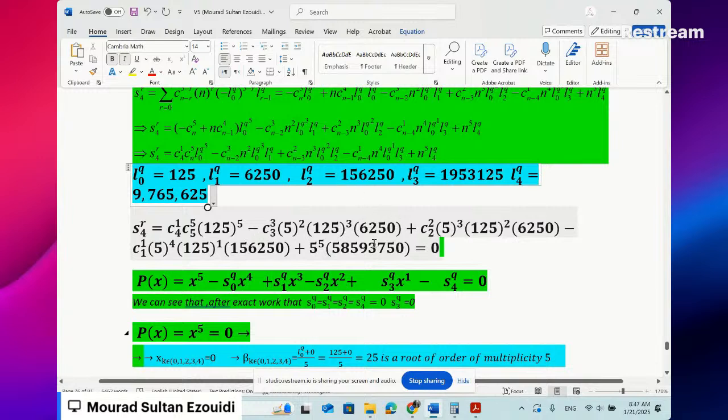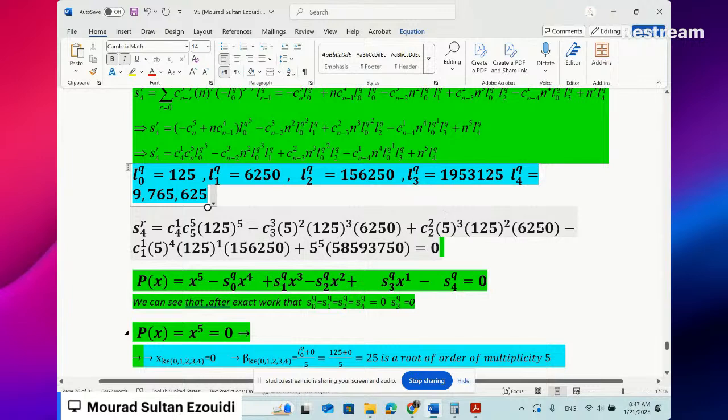This is 5, so it will be this number. So it will be 4. This is the first, this is the second, the third.